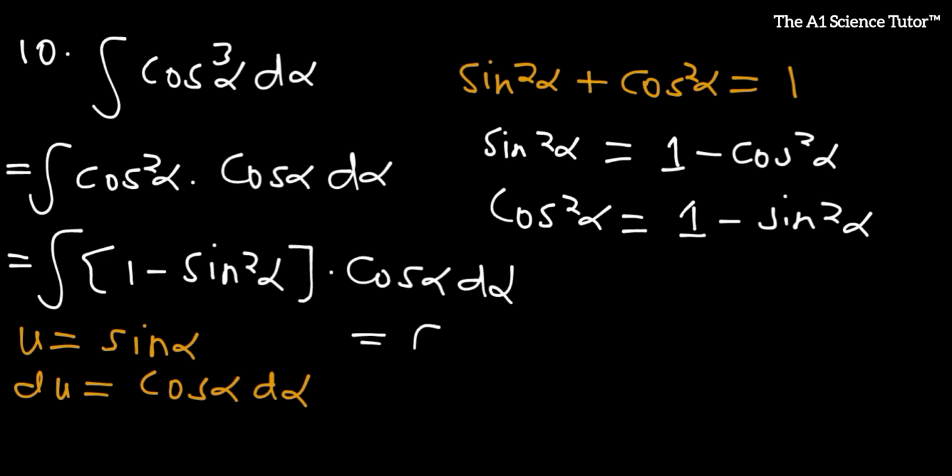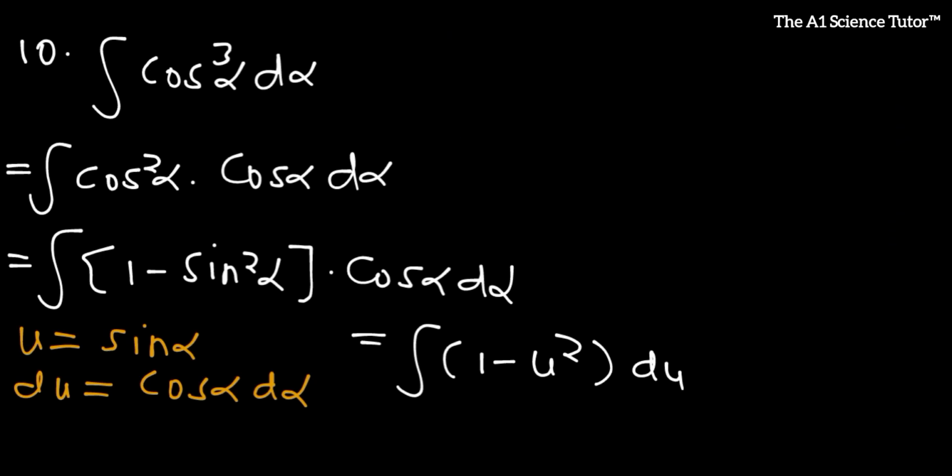So this is going to be integral 1 minus u squared, because we have u to be sine alpha, so sine squared alpha should be u squared. And over here, we just have du, right? So this obviously will become integral 1 du minus integral u squared du.